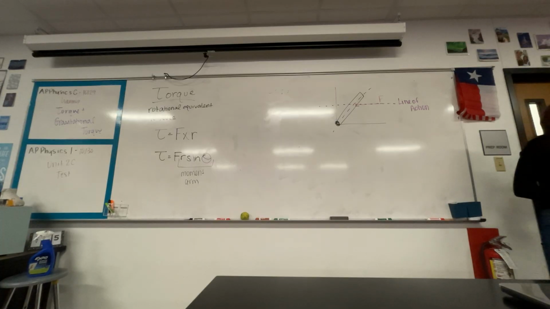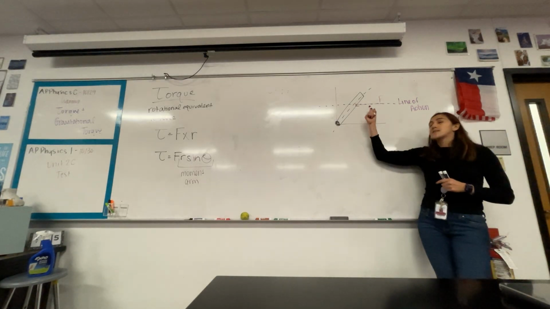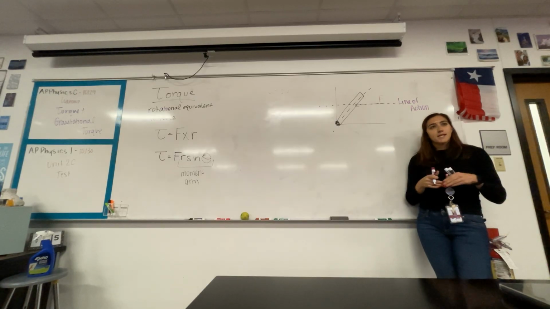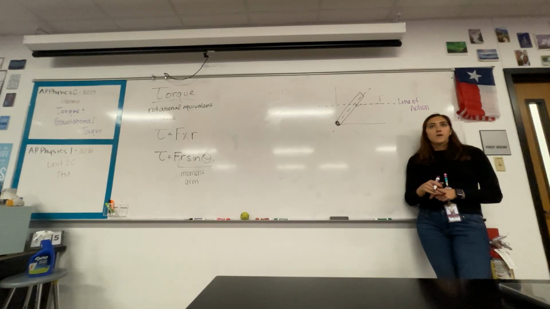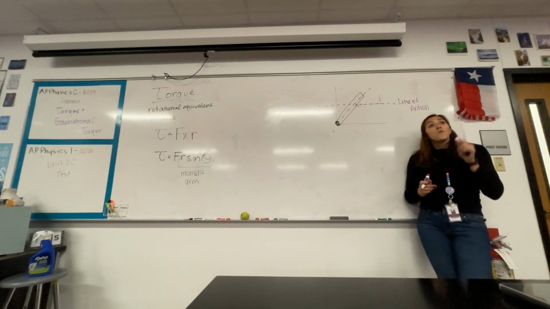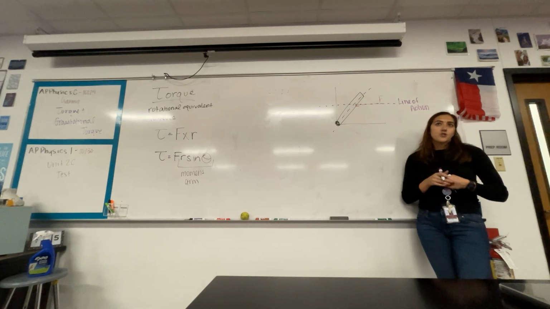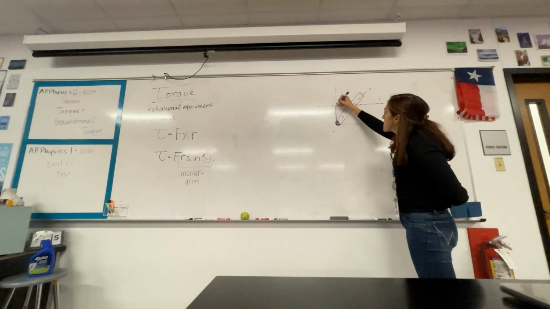The moment arm is the shortest distance between the pivot and that line of action. It doesn't matter which way I have to draw it, whatever the shortest distance from the pivot to the line of action is, that's what I'm looking for. One rule: I have to make a 90-degree angle with the line of action. So in this case, my moment arm would be right here.